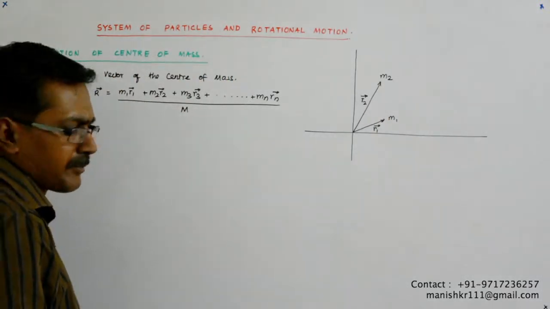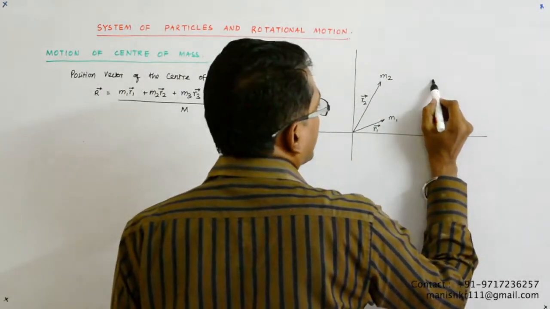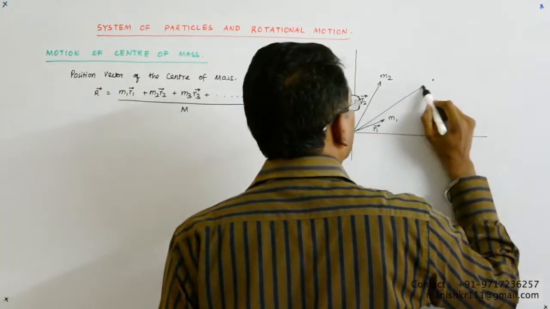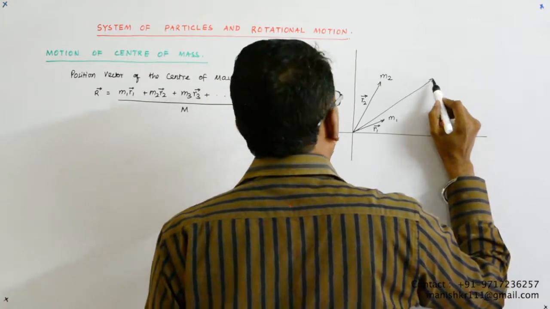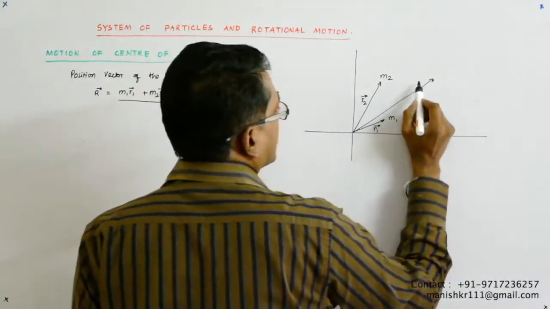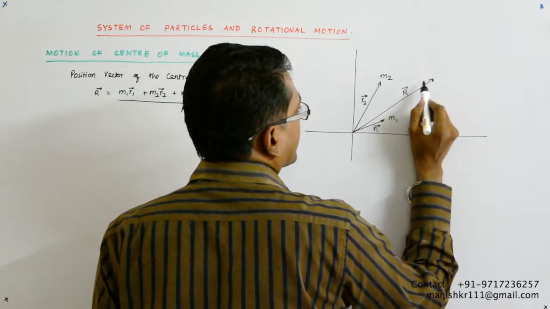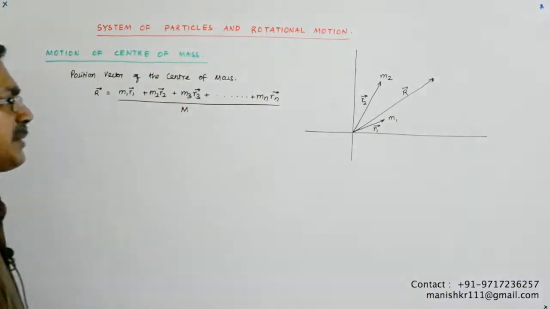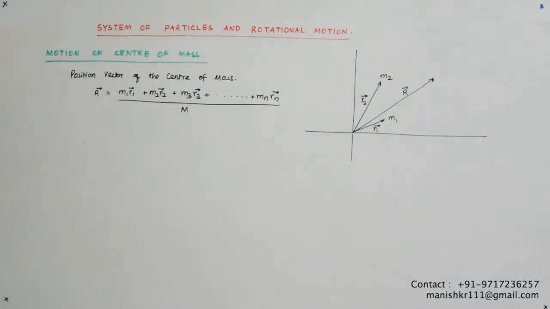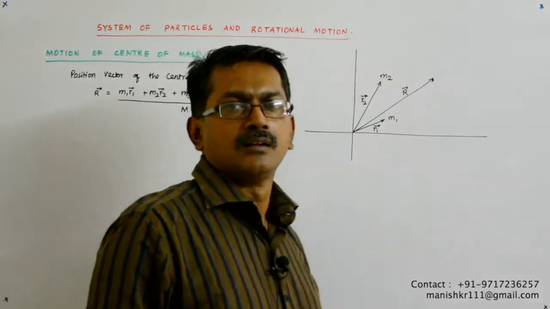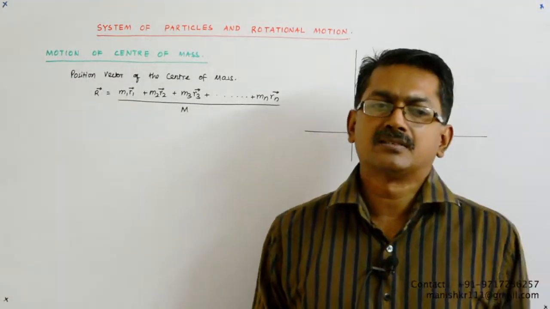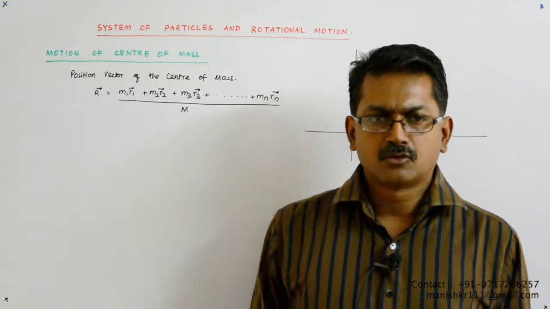Correct? This is what I am talking about. And after we do this, my r vector is here. So this maybe is the center of mass, and this is where it seems as if all the masses are concentrated. So what is center of mass?